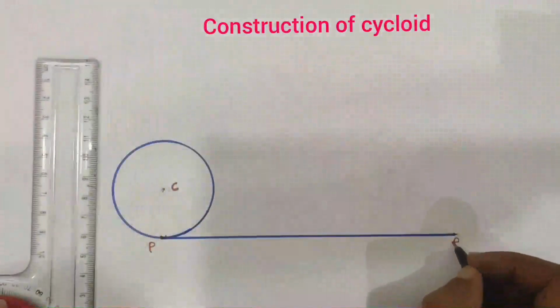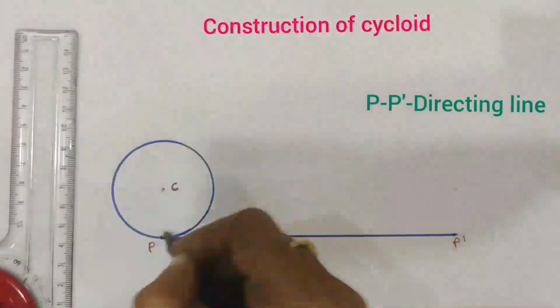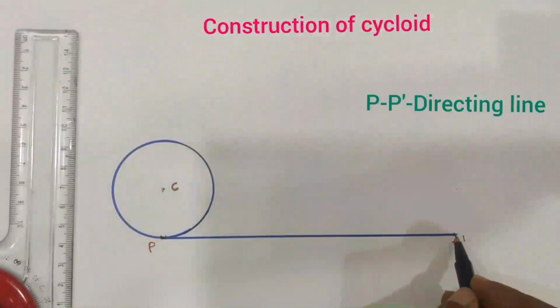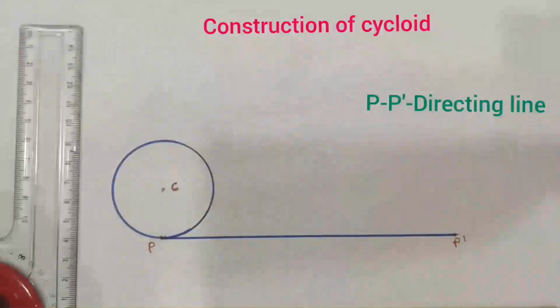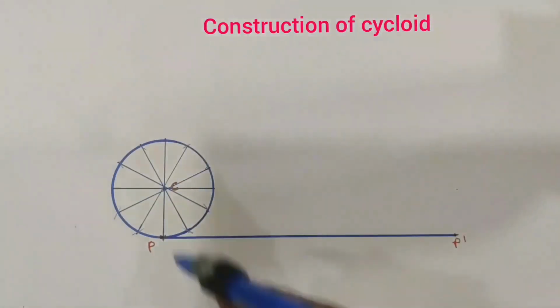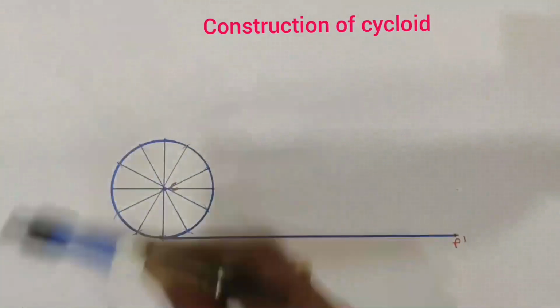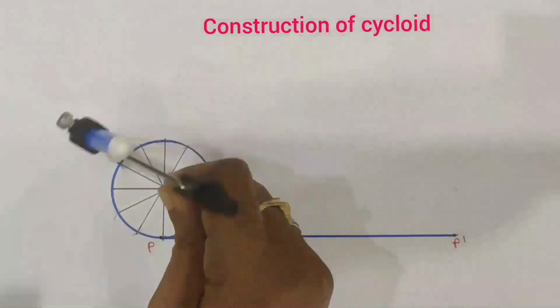Name this point as P dash. This is called rolling circle and this line is called directing line. Then divide rolling circle into 12 equal divisions. Here the circle rolls in clockwise direction.